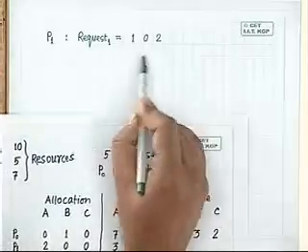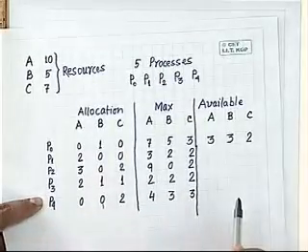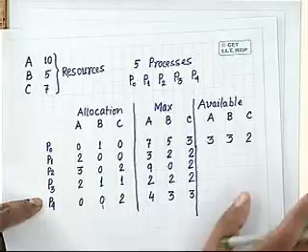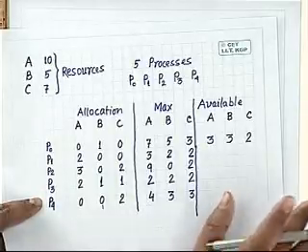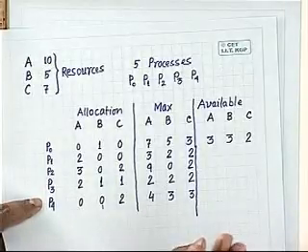We have seen that the available vector in this case was 3, 3, 2. So 1, 0, 2 is less than or equal to 3, 3, 2. So the system is in a position to allocate these resources. Okay? So it has to check for safety. First, the banker's algorithm will pretend that the resources are allocated by modifying the data structures.